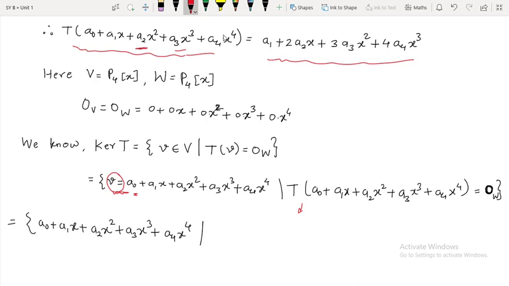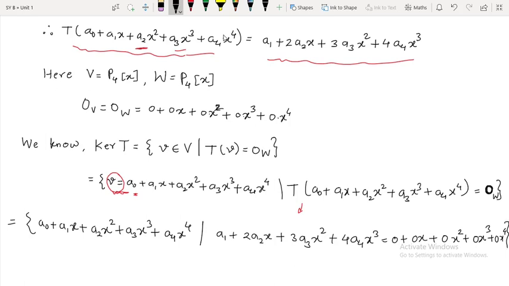So what we will get is a1 plus twice a2x plus thrice a3x square plus 4a4x cube, which is equal to our 0, that is nothing but 0 plus 0x plus 0x square plus 0x cube plus 0x raised to 4, and this curly bracket.